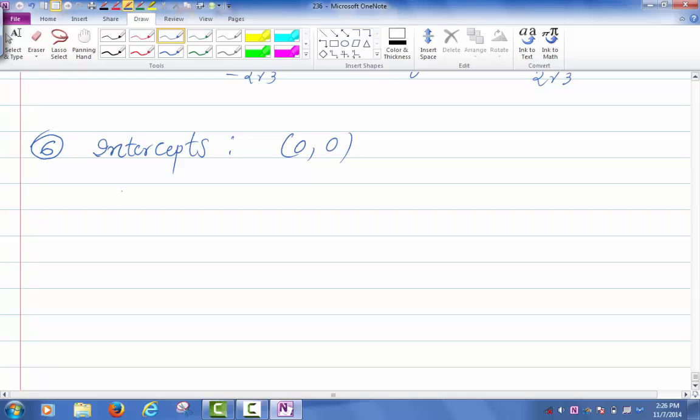One of them was negative 2, and the other one was positive 2, right? We need to know the point corresponding to those on the graph. So that means I need the y value for those critical points, which means I need to evaluate the function at negative 2 and positive 2.